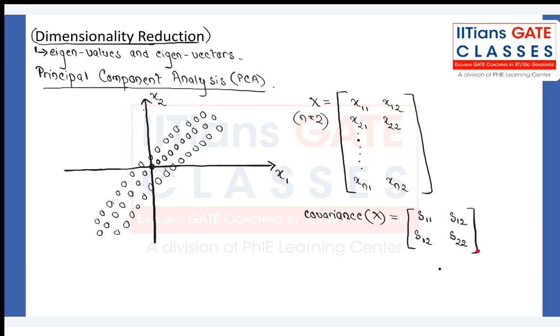This is the covariance. Also, just to write it here, there's also the correlation matrix, which measures how two or more features are related to each other, right?